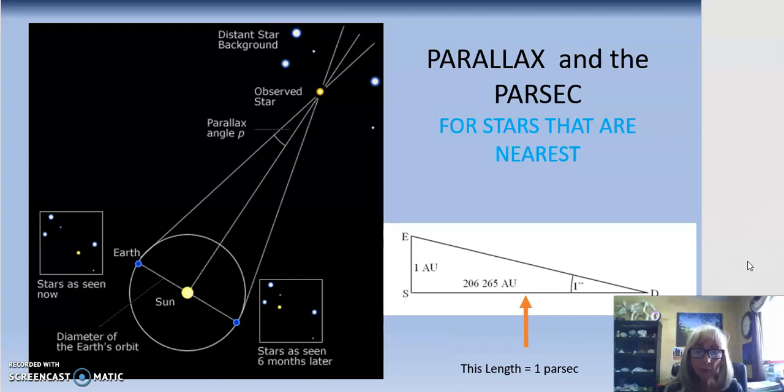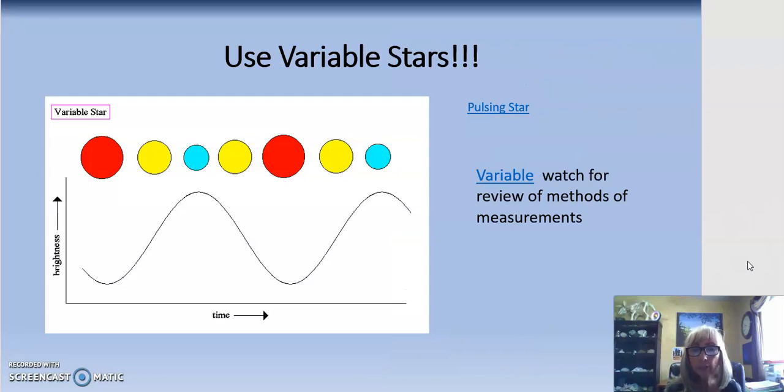That's one way we do it, but parallax only works for the very closest stars, because the farther something is away, the smaller that angle will get. Smaller and smaller until we really can't measure it any longer. So we have to have a method to measure distances beyond just parallax. We use variable stars, and these should be familiar to you by now.